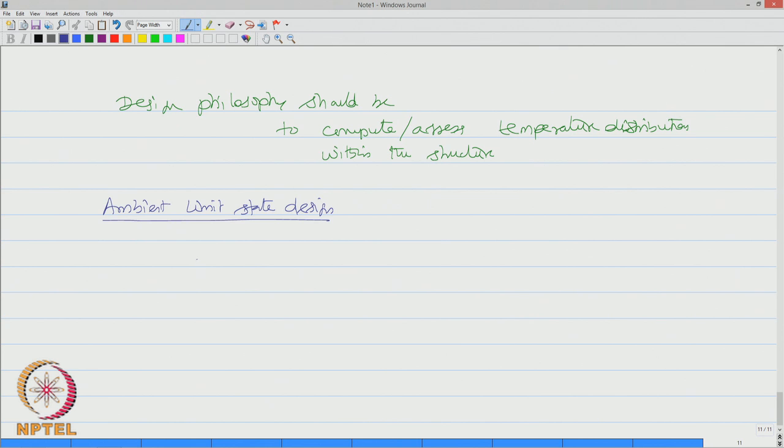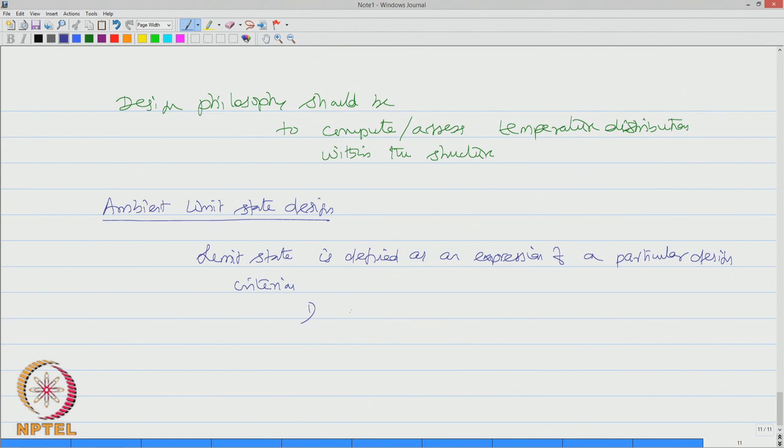Generally, a limit state is defined as an expression of a particular design criteria.